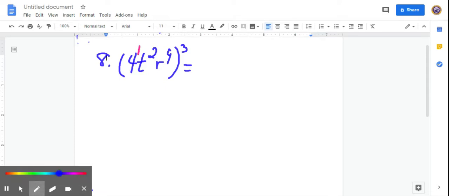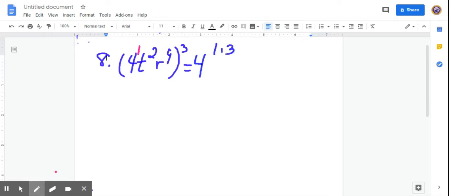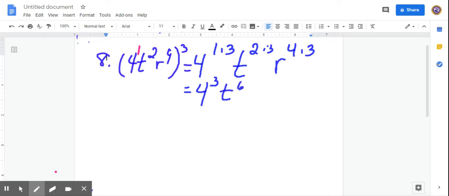So now we're going to keep the base and multiply the exponents, and keep the base t and multiply the exponents, and keep the base r and multiply the exponents. And now when we simplify, we have 4 cubed, t to the 6th power, and r to the 12th power.